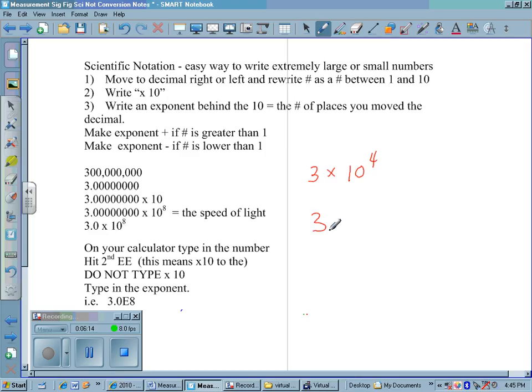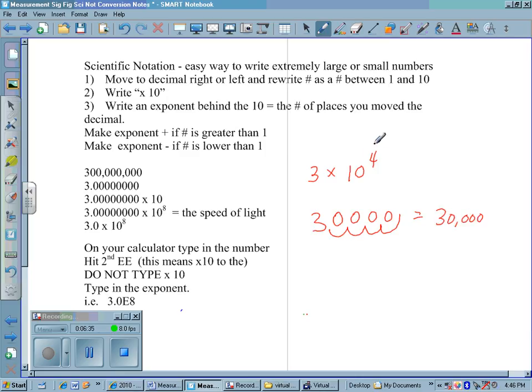So if the decimal is here, I'm going to move it one place, which means I'd have to add a 0. Another place, which means I'd have to add a 0. Another place, add a 0. And another place, add a 0. So 3 times 10 to the 4th is the same thing as 30,000.